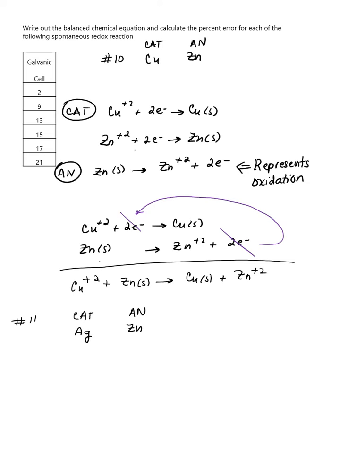So the equation for the reduction for silver, from the table, you have silver plus 1, gaining 1 electron, becoming silver solid. Now the oxidation of zinc is the same one that we used before.